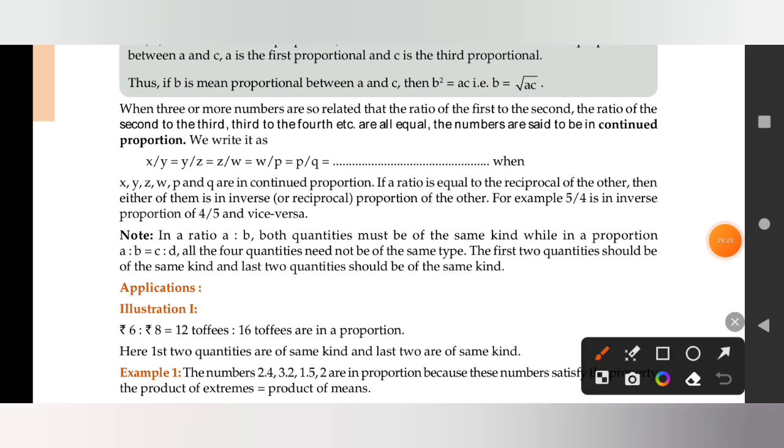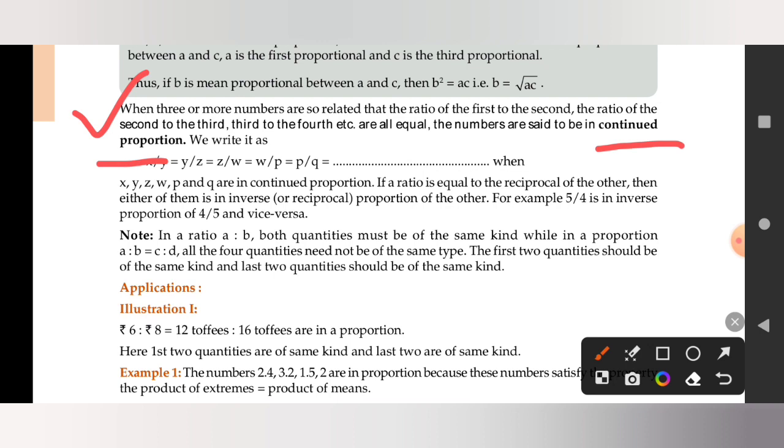Let's move ahead. When three or more numbers are so related that the ratio of the first to the second, ratio of second to the third, third to the fourth, etc. are all equal, the numbers are said to be in continued proportion. This is what is given in words.